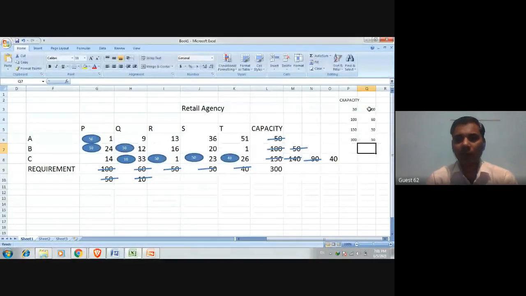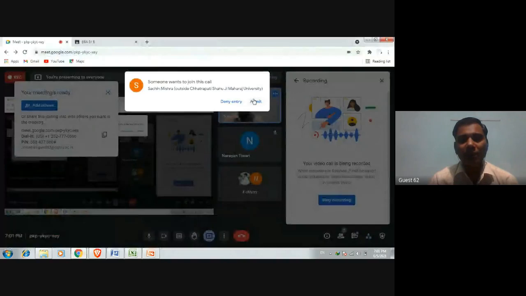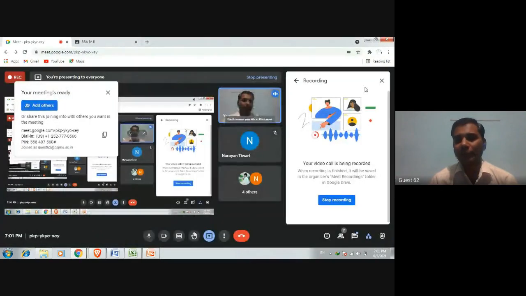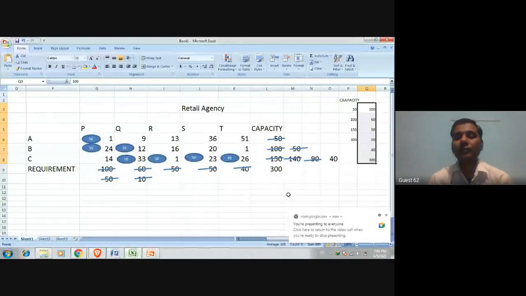And the requirement of T was 40 units. So let us sum the requirement of all the retail agencies. What was that? It was 300. So the requirement and capacity of both are the same here.